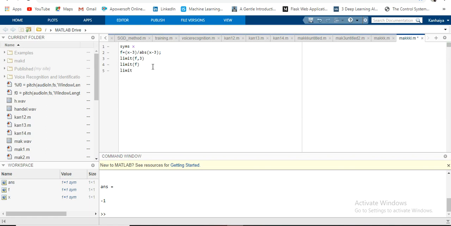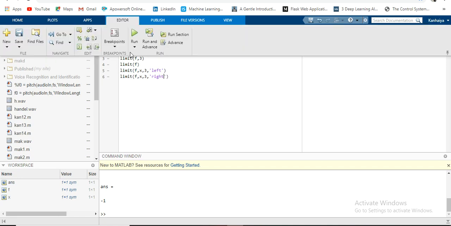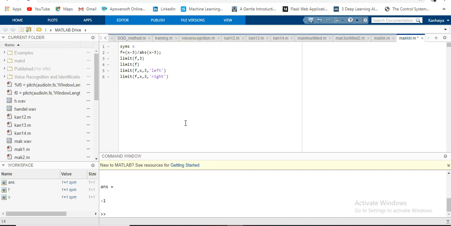Limit f comma x comma at 3, and we will see for the left hand limit, and in the same way we will check for the right hand limit. Let's run the program and check.